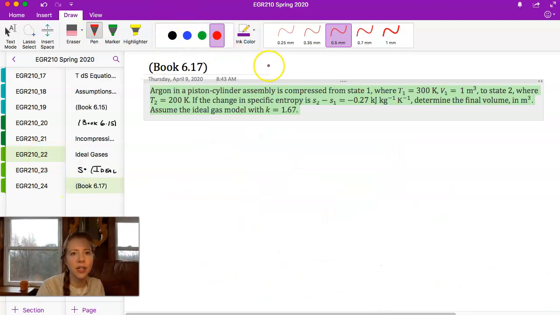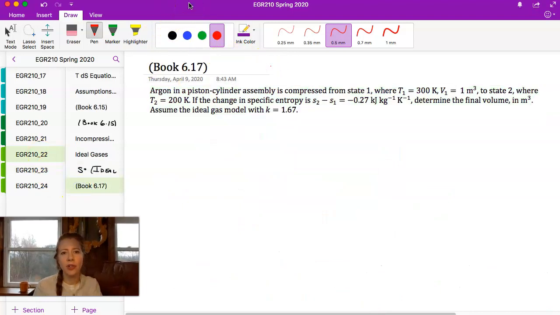So this is number 17 in your book for chapter 6. We have argon in a piston cylinder assembly is compressed from state 1, where the initial temperature is 300 Kelvin, the volume is 1 cubic meter, to state 2, where the final temperature is 200 Kelvin.